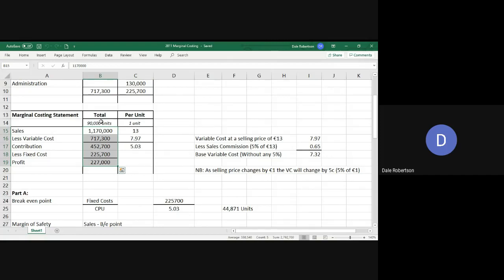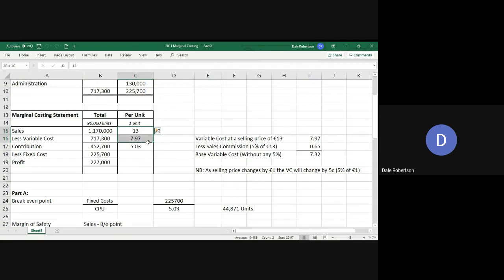And then per unit, this is for 90,000 units, but of course, if we want to translate that into one unit, if you divide by 90,000, the sales are 13 euro per unit. So each thing that we are selling here, perhaps a calculator, we sell for 13 euro, the variable costs are 7.97, the material, the wages, the electricity, the heating, all that kind of stuff.